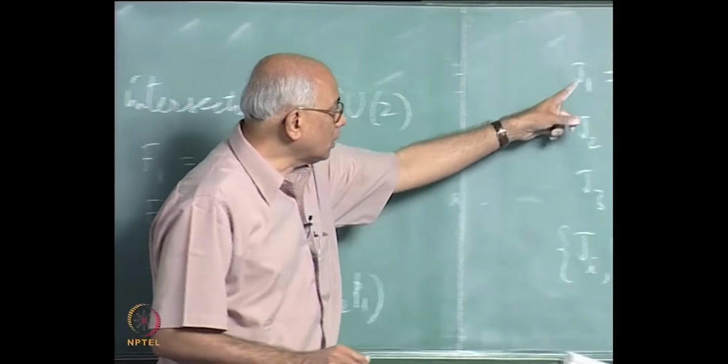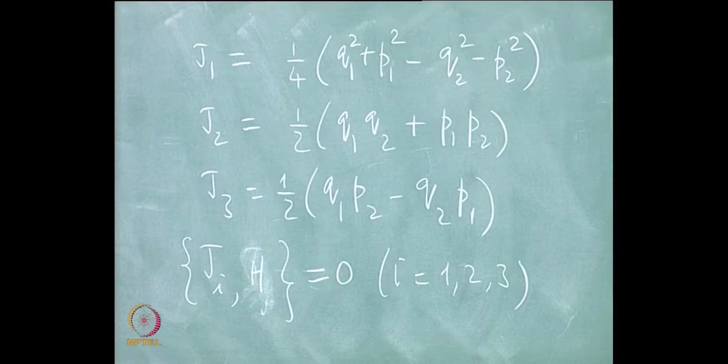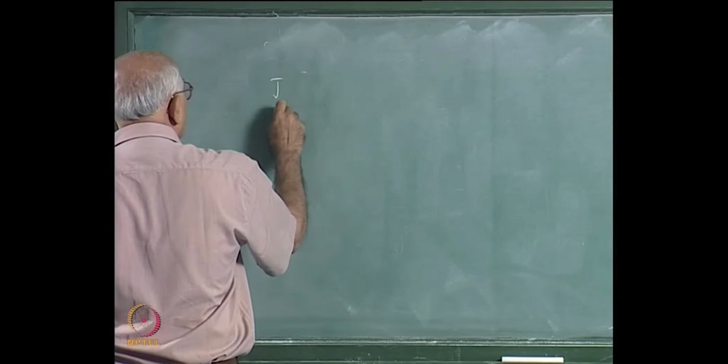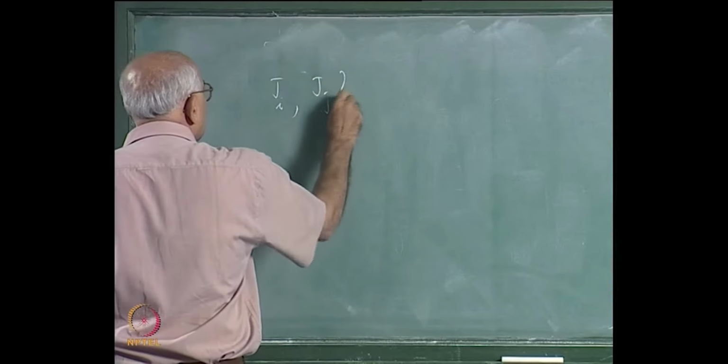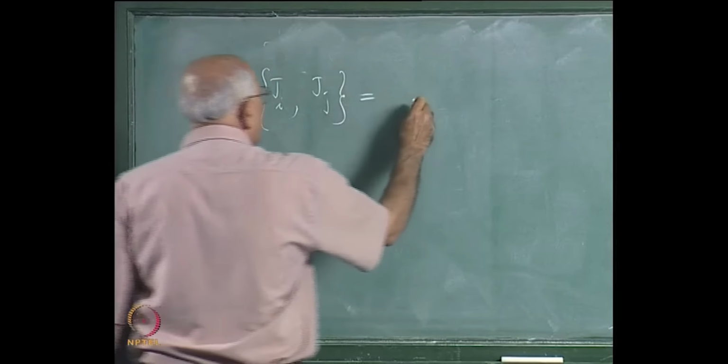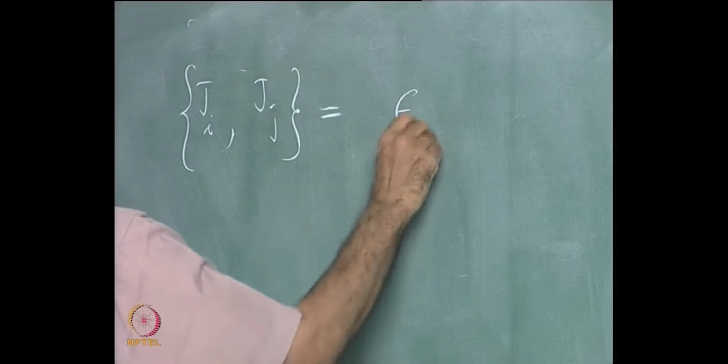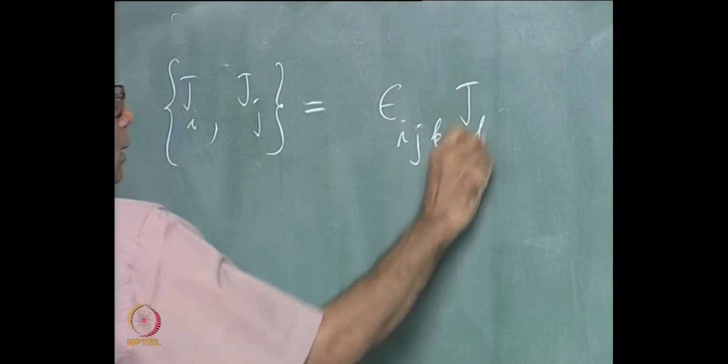Now the significance of this J1, J2, J3 is that they obey very interesting Poisson bracket relations, and they obey the following relation. Among themselves you have the Poisson bracket of Ji, Jj equal to epsilon ijk Jk.